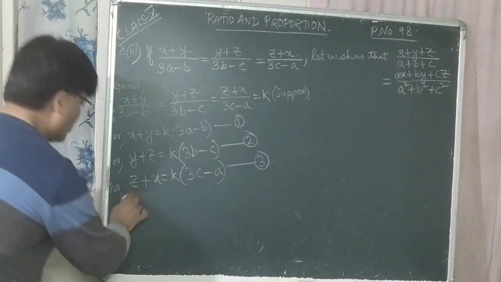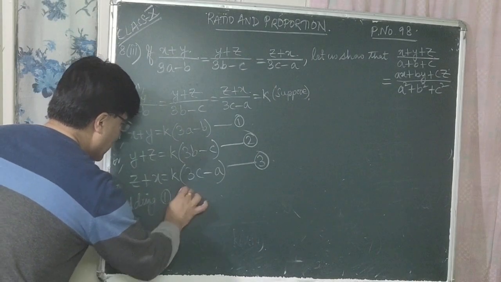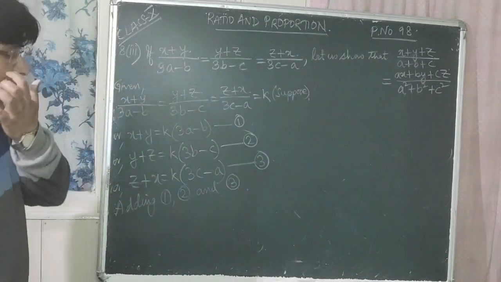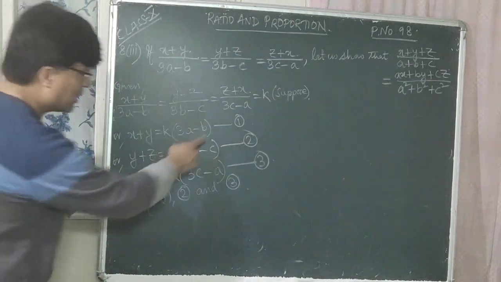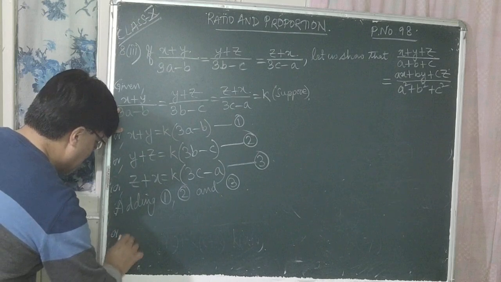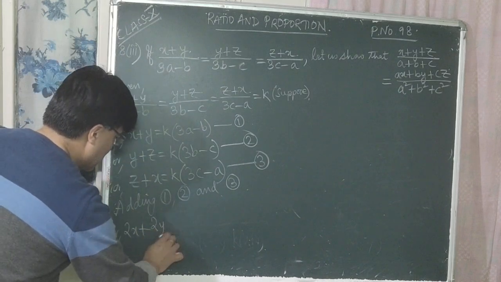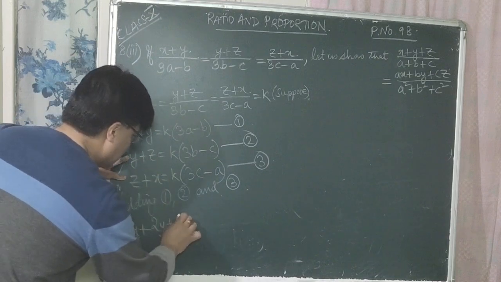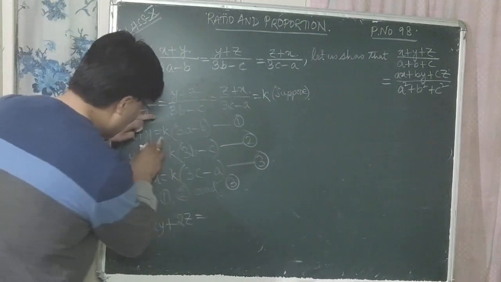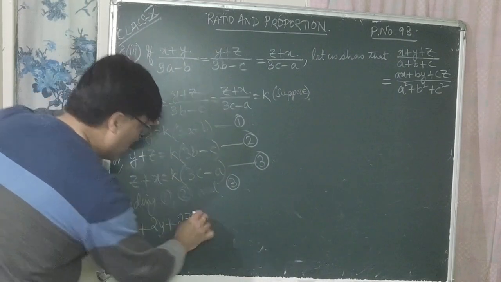So adding 1, 2 and 3: x plus x is 2x, plus y plus y, 2y, plus z plus z, 2z, which is equal to, on the right hand side, k common.